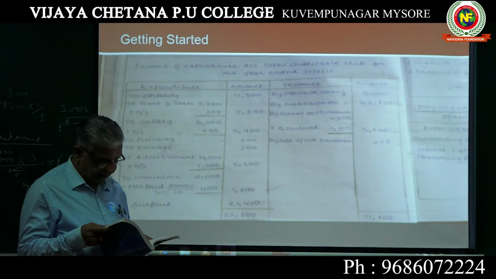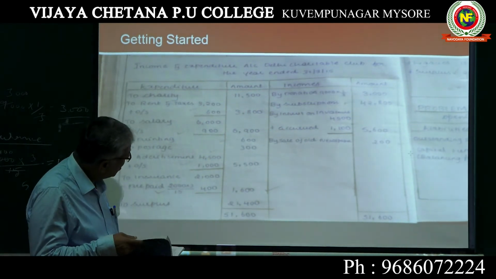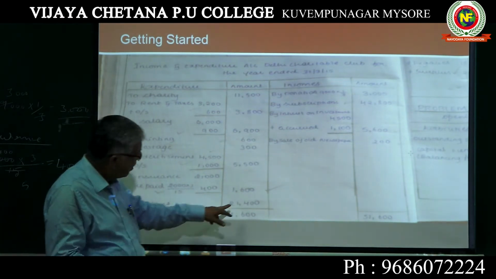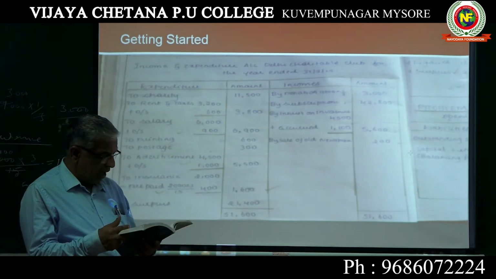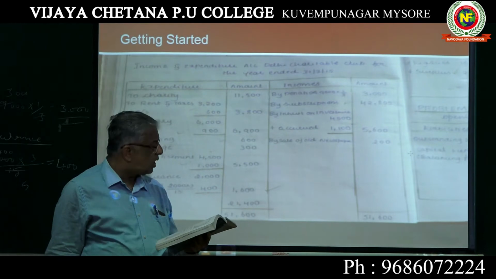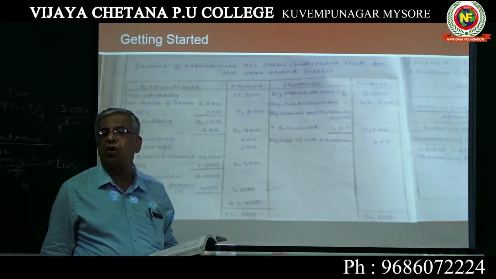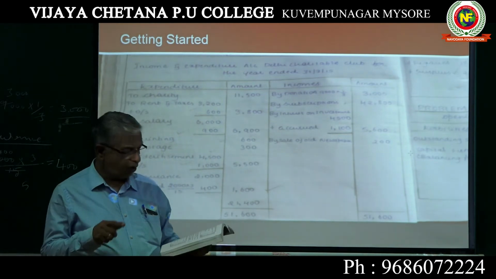See, as you know, the surplus is 21,400. So in your textbook he has given the surplus as 21,500. It is not 21,500. Students, you change this. Make a note of this.